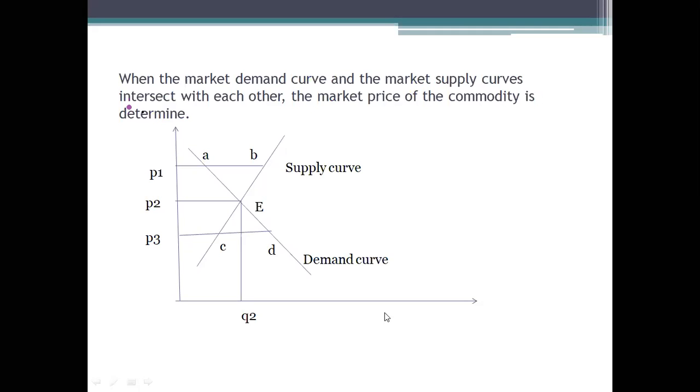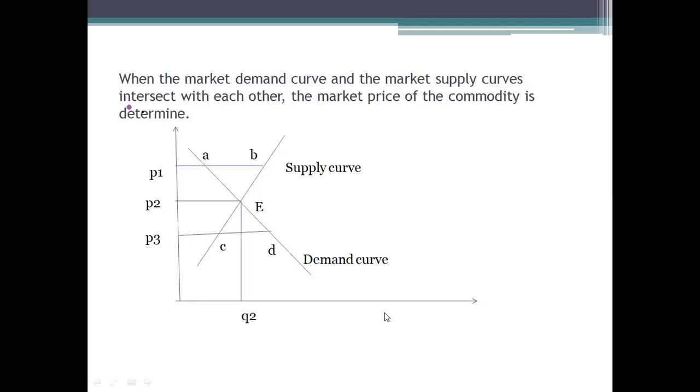Okay. Similarly, the supply curve is determined on the side of the producers. So suppose there are 5 producers in the market or 5 suppliers in the market. They have their own supply curve. So 5 suppliers means 5 producers means 5 supply curves.